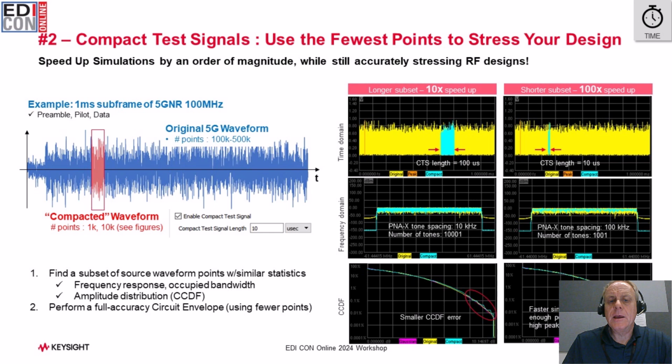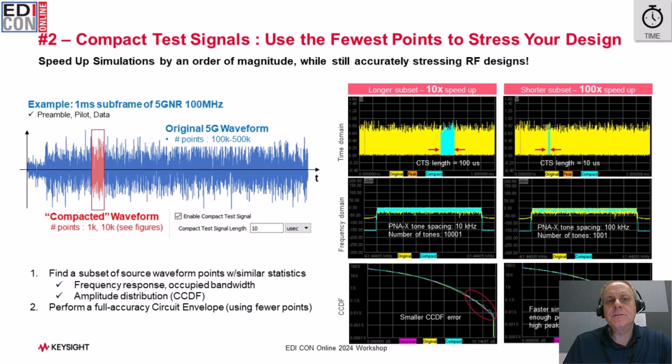You can look at a waveform and pick out a subset that from an RF analog perspective has the right amplitudes statistics. It has the right frequency response and tilt and frequency characteristics.